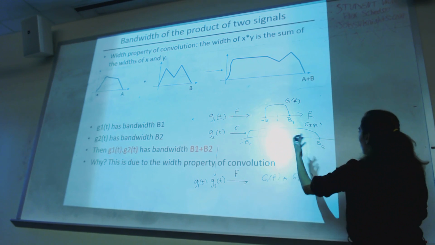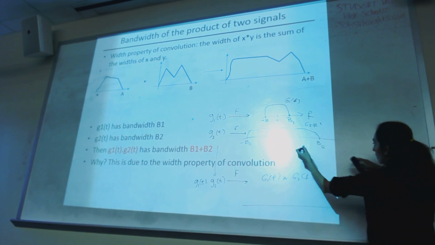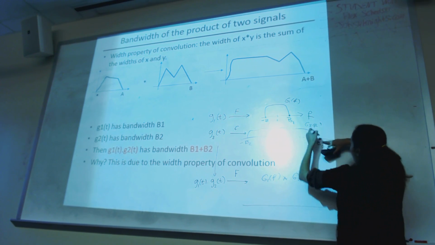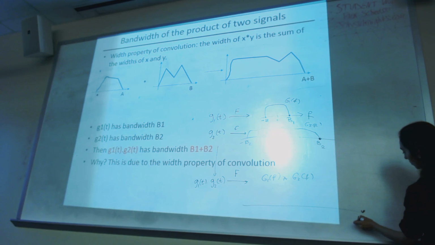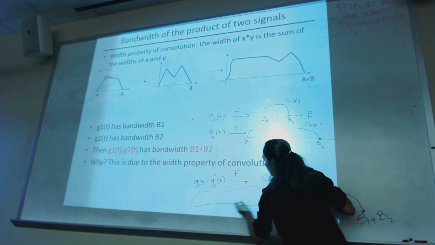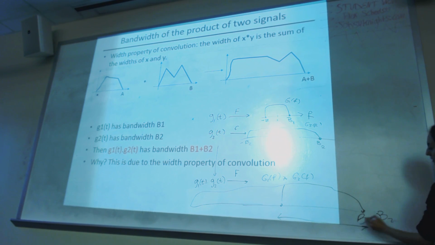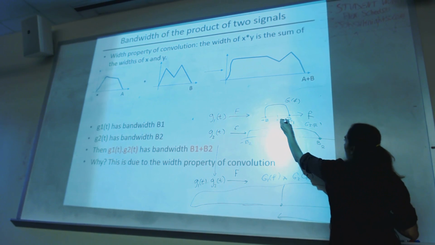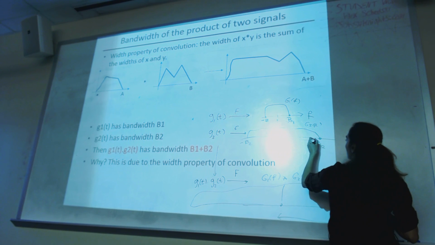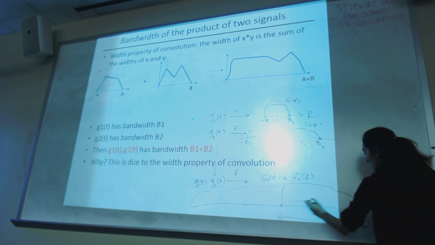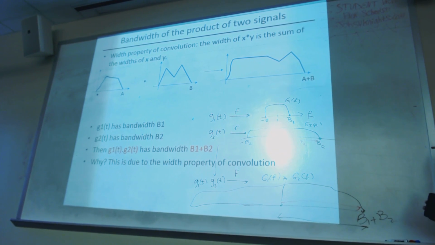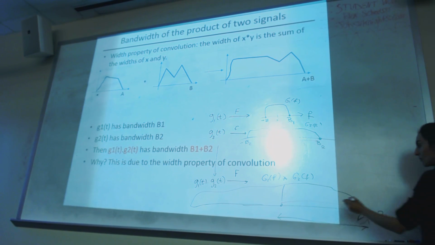If I convolve these two, what I know is that these two widths are going to be added together, so I get B1 plus B2. So what happens to the bandwidth? If the bandwidth was B1 here and B2 here, now my bandwidth is the addition, B1 plus B2.